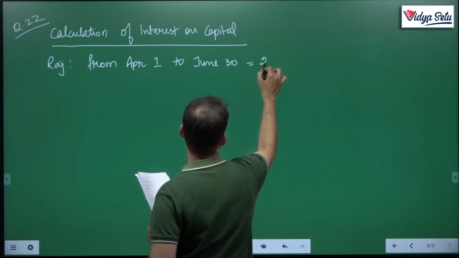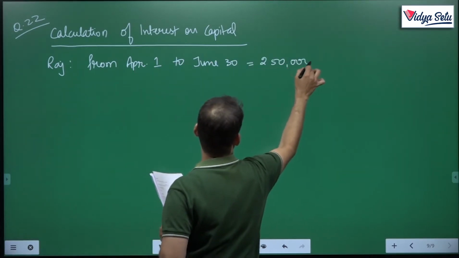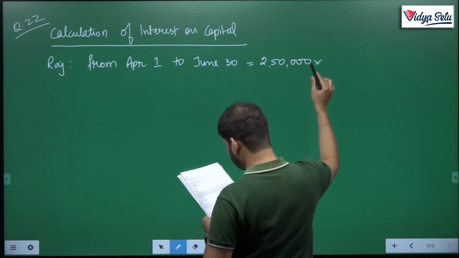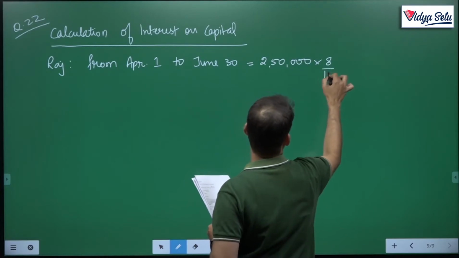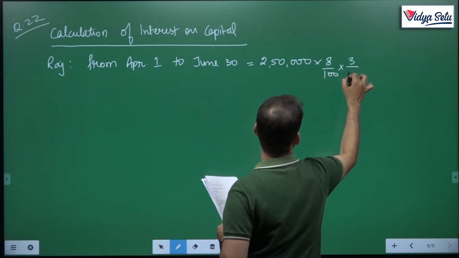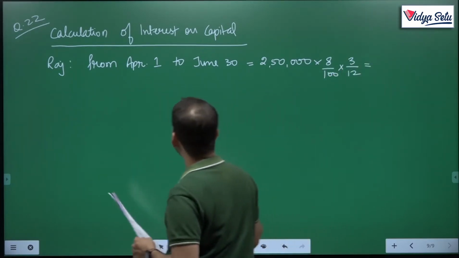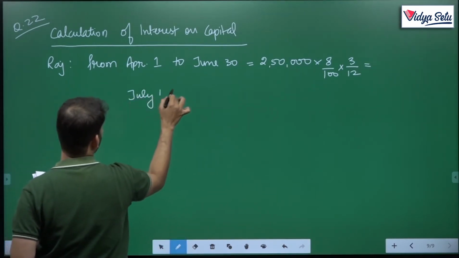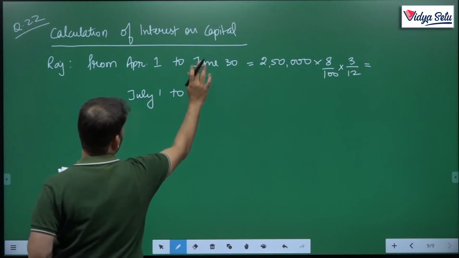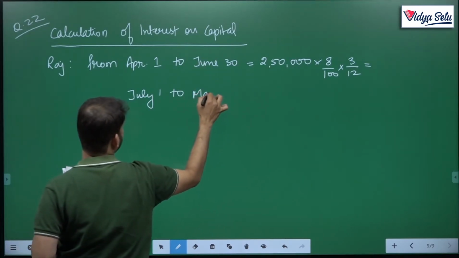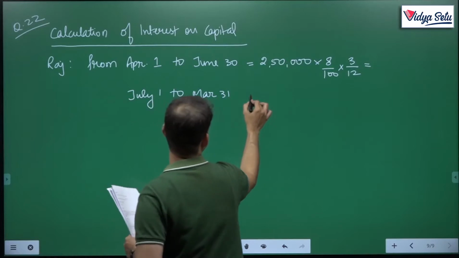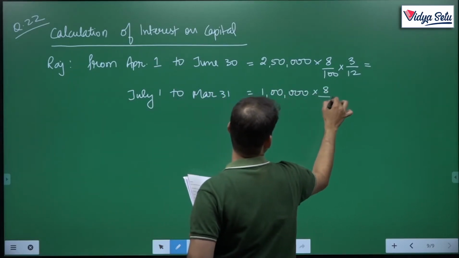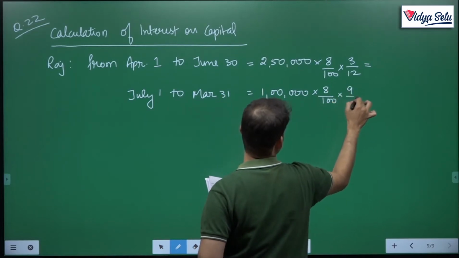His capital was rupees 2,50,000, and the rate of interest comes to 8% for 3 months. The further period is from July 1 to March 31. The capital becomes 1 lakh only, so 8% but for 9 months.